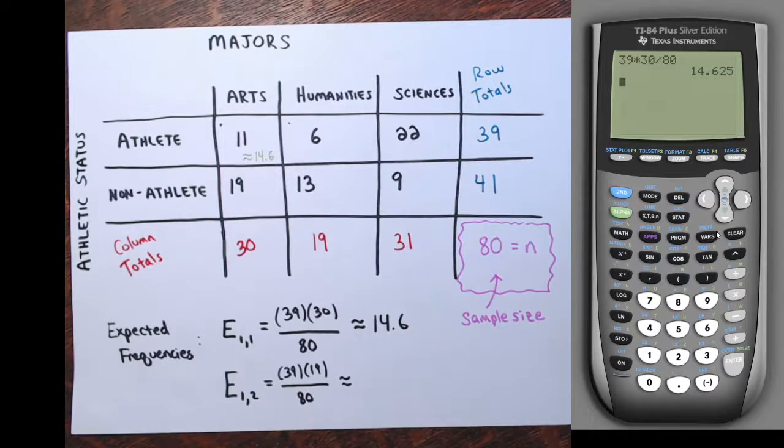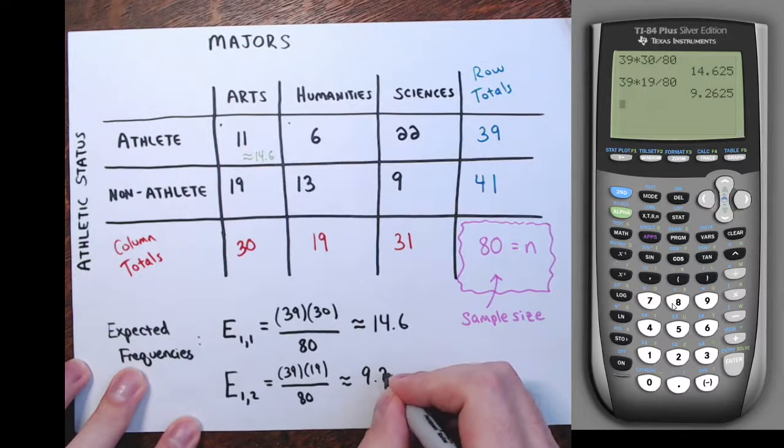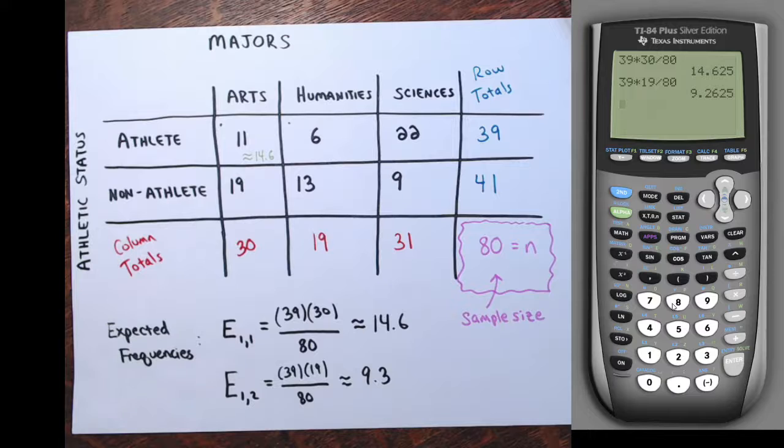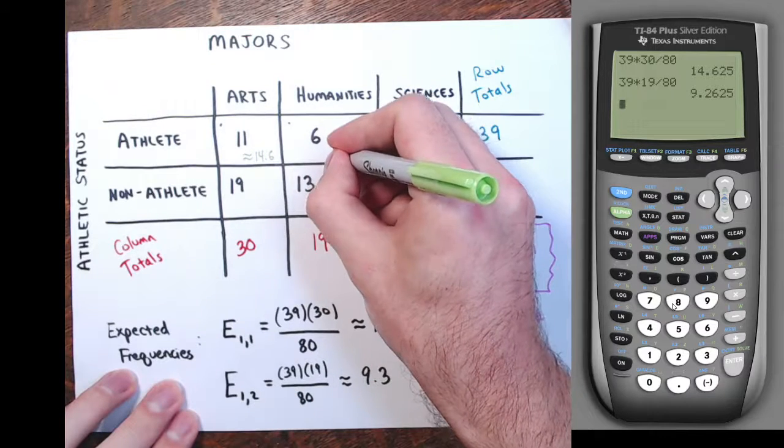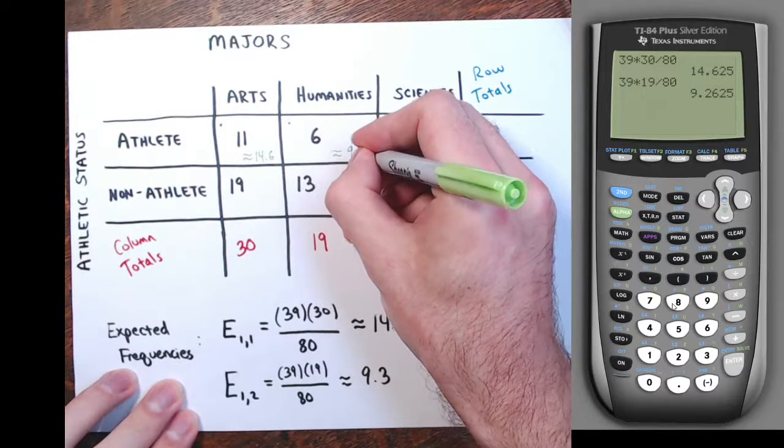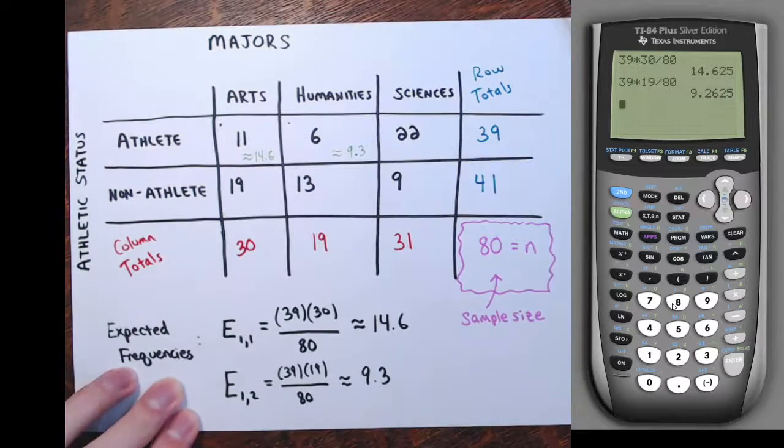All right, so on my calculator, I'm just going to change the 30, do second entry, re-enter that thing, just change the 30 to a 19. And it's about 9.3 if I round to 1 decimal place. So approximately 9.3. And after I'm done with all these, I'll show you a faster way to do it with your calculator.